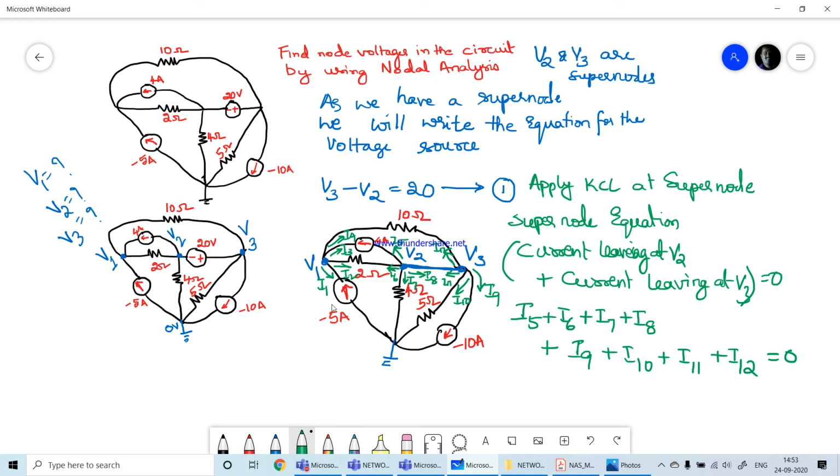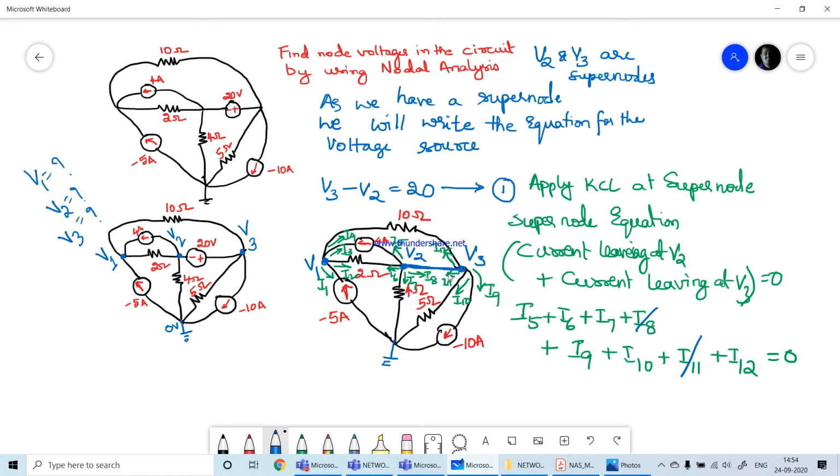Now you see I8 and I11 both get cancelled. Can someone tell me why it got cancelled? Opposite direction. Yes. See, I8 is flowing in this direction, I11 is flowing in this direction.